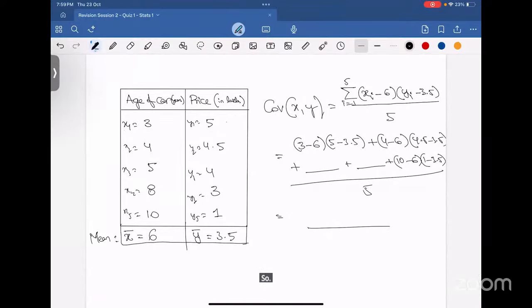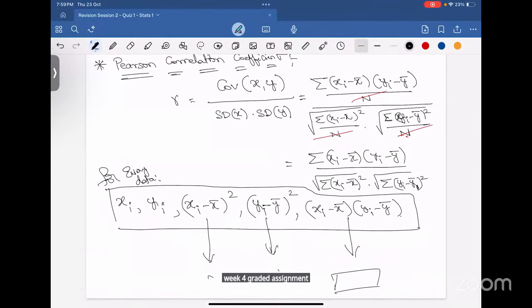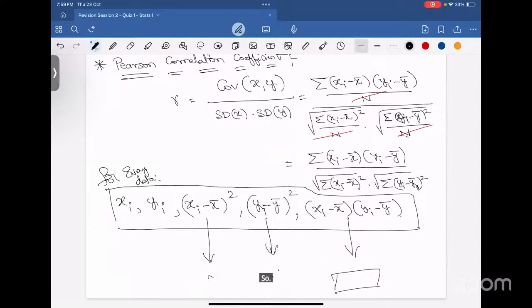Sir, we have one question from the week 4 graded assignment. There was one question related to the correlation coefficient and then the biserial correlation coefficient. Can we solve that question? Question number, please. Question number 1 or... Question number 3 or 4.